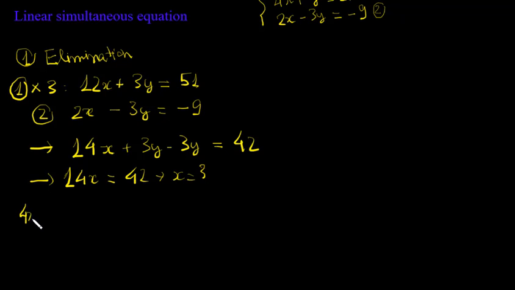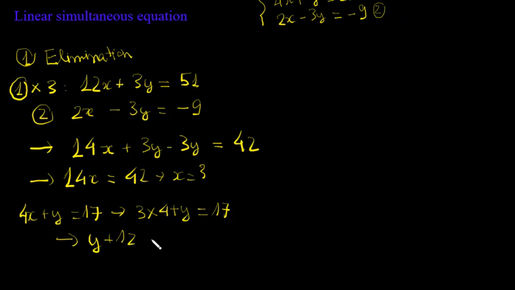So 3 times 4 plus y equal to 17, which results in y plus 12 equal to 17, and y equal to 5. So that's how we can use the method of elimination to find the values of x and y.